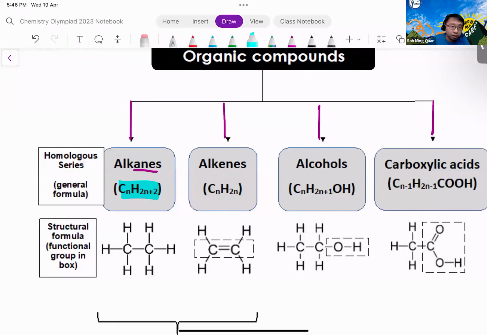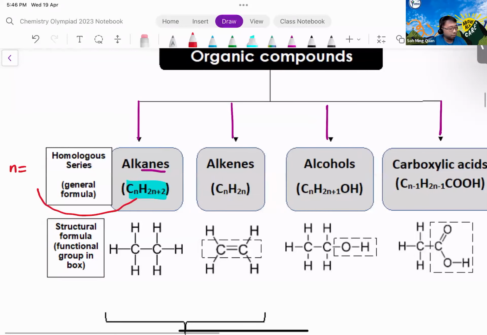All right. So what is this n? This is like algebra, right? n must represent something. n always represents the number of carbon. So the n in the general formula represents the total number of carbon atoms.